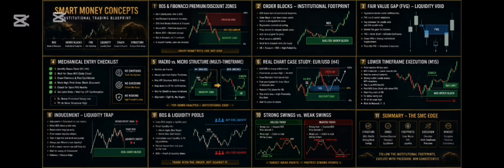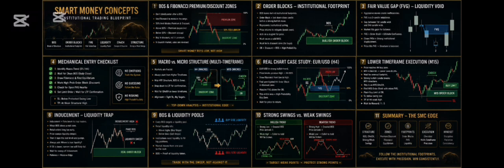A break of structure is the visual proof that a liquidity pool has been targeted. When price takes out a high, it collects the buy stops of shorts. Once that liquidity is consumed, the market can freely reverse or retrace safely.